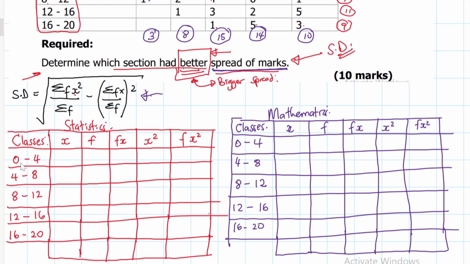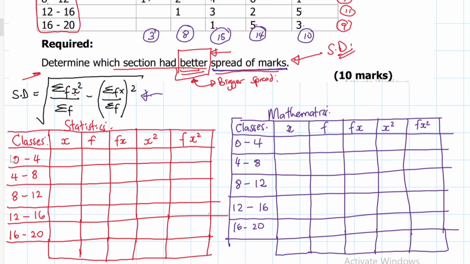So let's get started. There are many ways of getting it. We can say the upper class boundary minus the lower class boundary divided by 2, and we add the answer to the lower class boundary. So it is 4 minus 0, which is 4, divided by 2, it's 2.